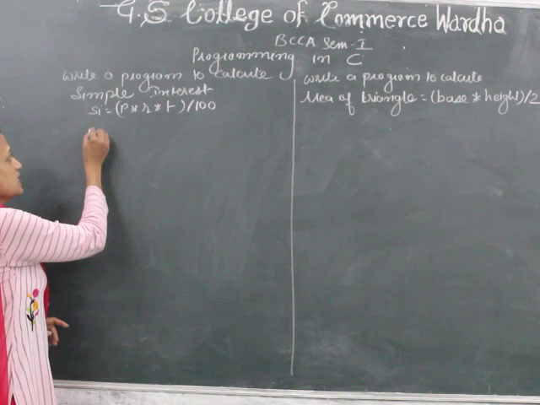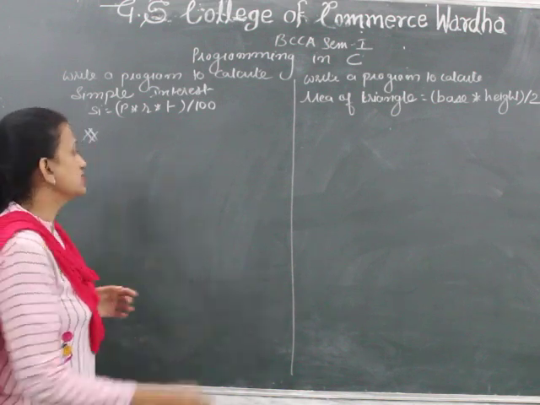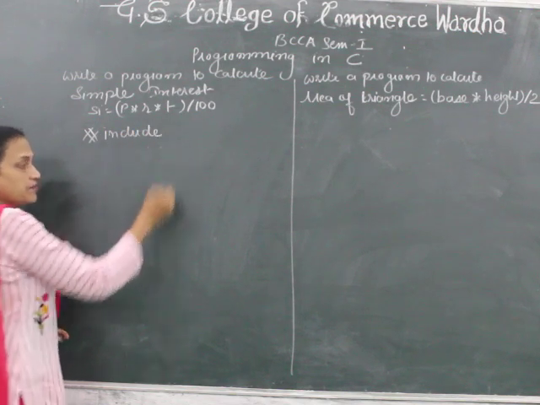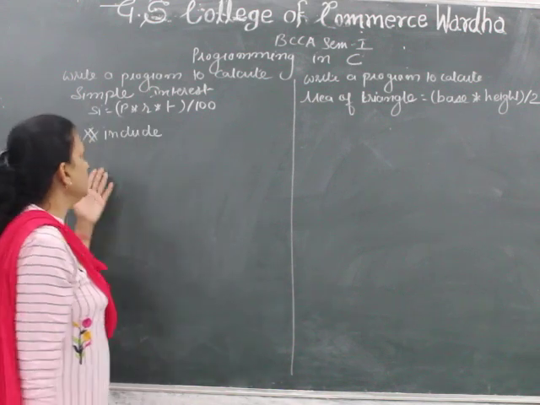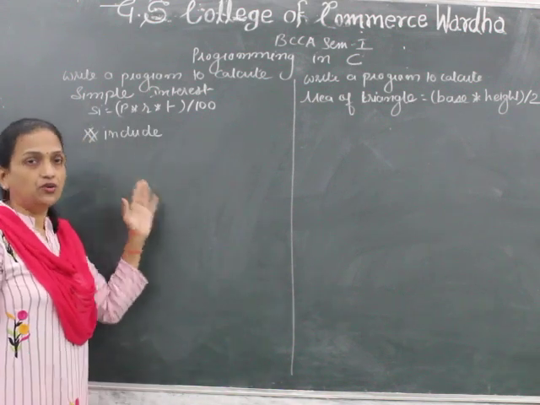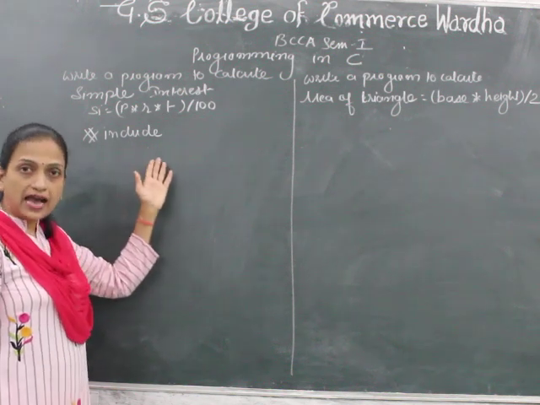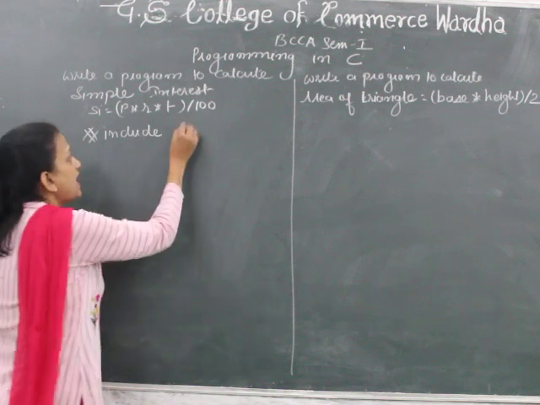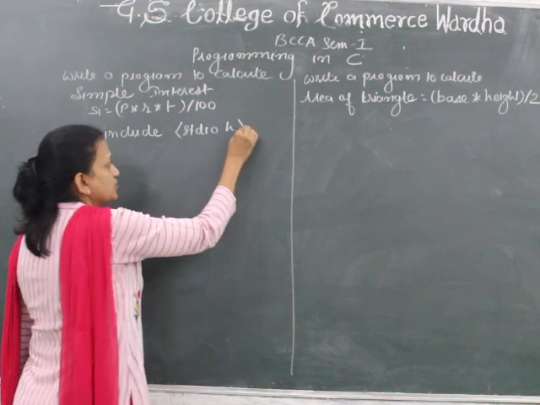Now, as I told you, the first line of your program is the link section. In the link section we are going to add one file, that is include stdio.h.